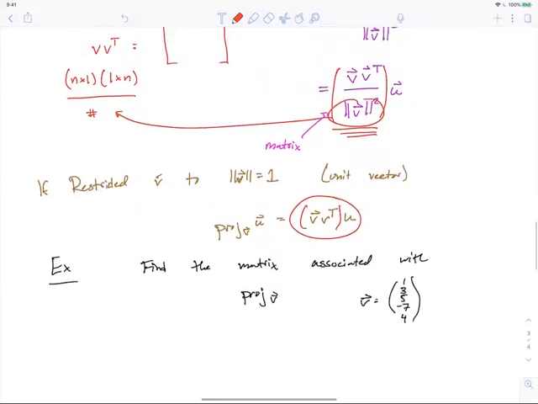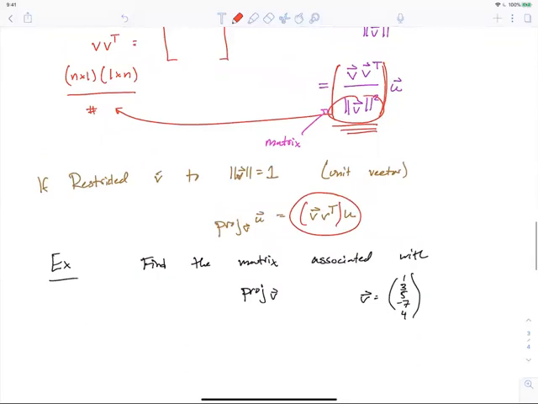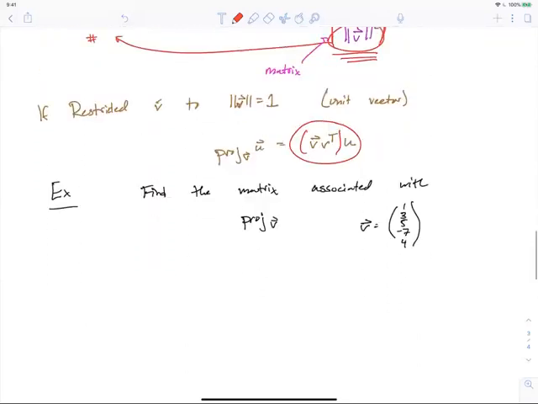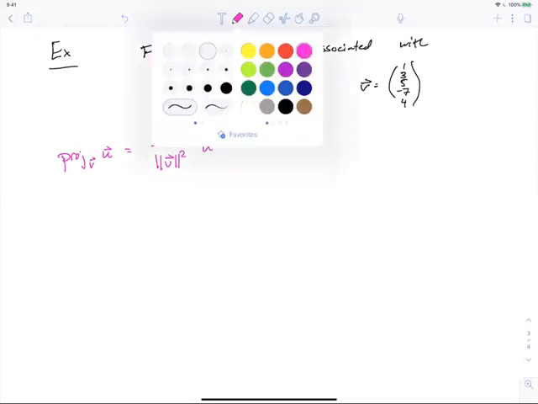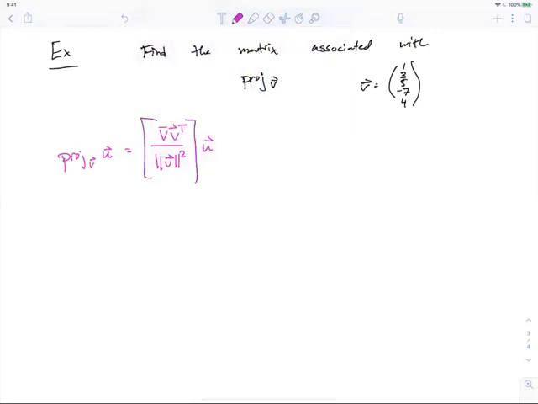So this is the matrix associated to it. So that matrix, let's just copy that formula down right here. So the projection of U onto V is just V transpose over the norm of V squared times U. And the matrix is this part right here. That's the matrix. So we can actually figure out what that is.